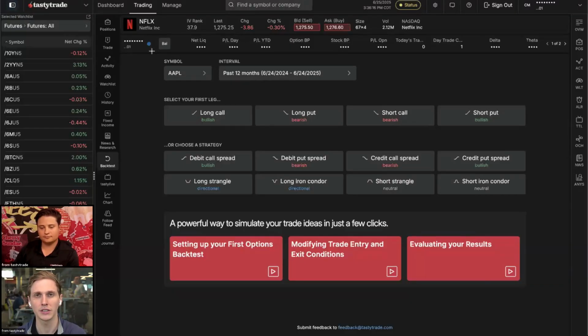Now, when you're getting started with your options backtesting, you're first going to want to navigate to the top here. Right now we have a list of about 200 plus different symbols. These are all very highly liquid traded symbols. The reason we're doing this is, especially when looking at historical options data, we need the most liquid symbols to get the most accurate look at actual pricing when we're placing these trades.